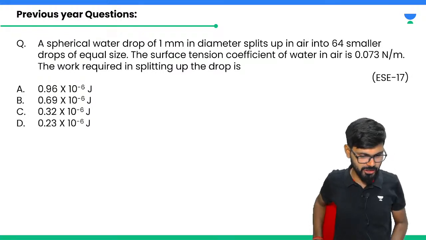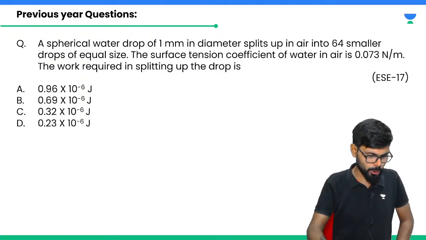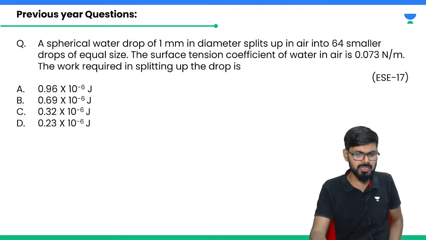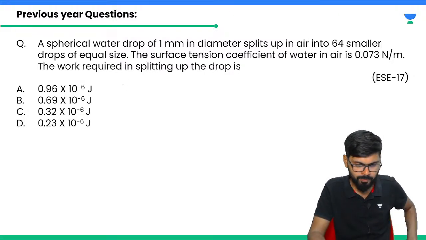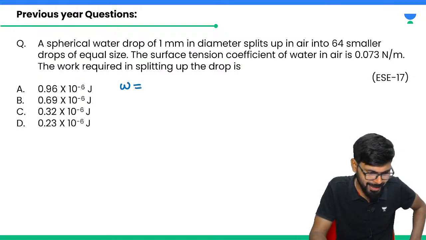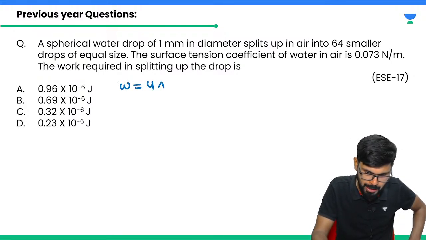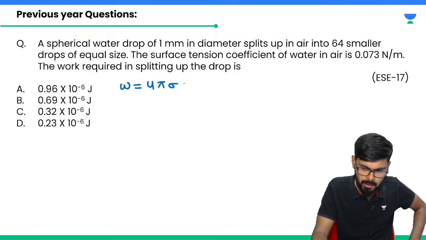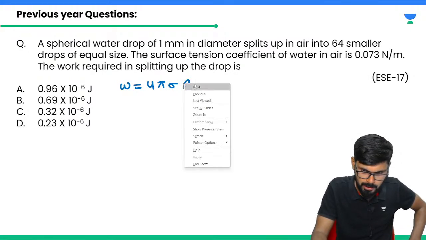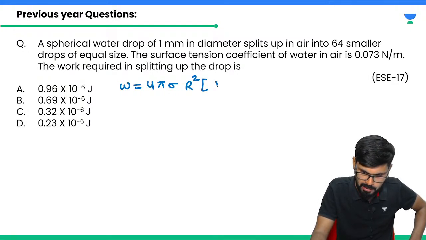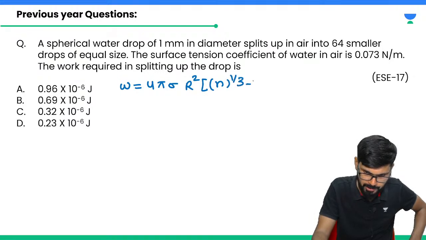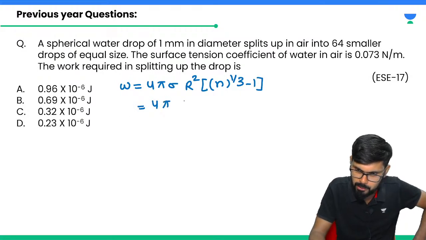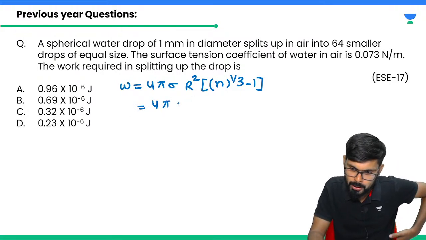Yes, Balaji, very good. Yes, Mondal. So this is a very simple problem. Just now we saw that the W value will come like 4 pi sigma r square, small r square, into n to the power 1 by 3 minus 1. Just put the value: 4 pi, sigma value how much is given? 0.073.